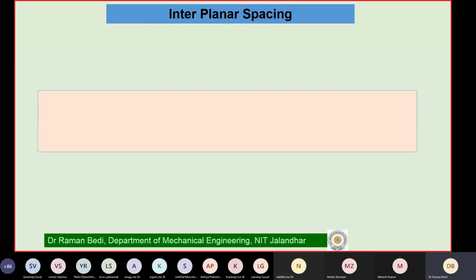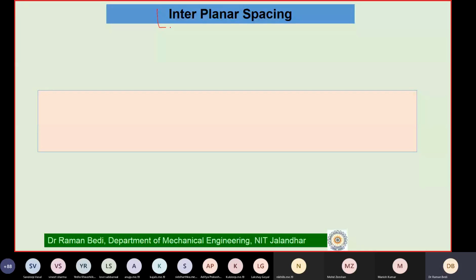Let us come to a very important concept now: interplanar spacing. Can anyone tell me the meaning of this word? Rishabh Verma, can you tell me the meaning of this word?